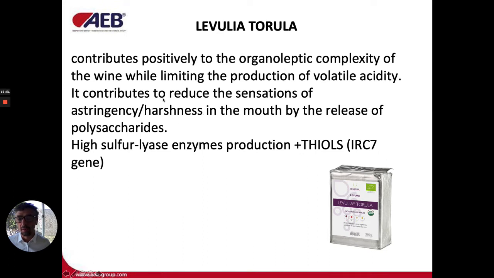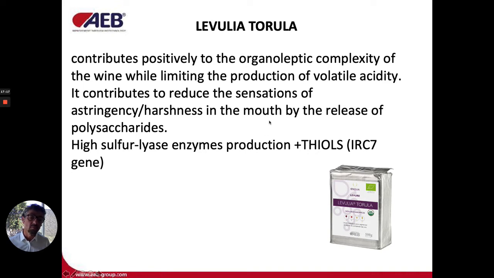And the release of amino acids can work as a nutritional substrate for the second yeast that will be inoculated, because as we said, these yeasts are very active in the first part, but normally we want a sequential inoculation where this first yeast will be followed by a Saccharomyces cerevisiae to actually complete the fermentation.